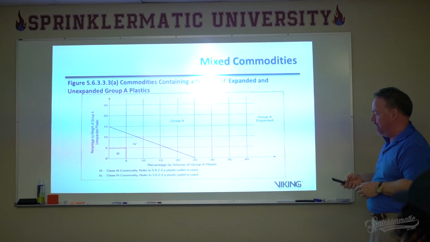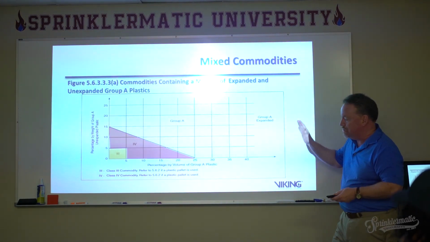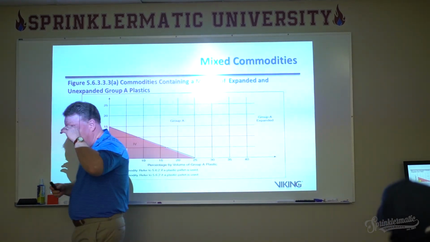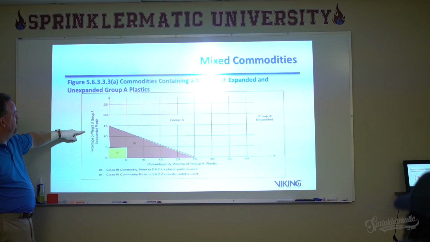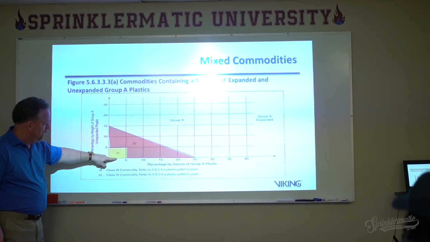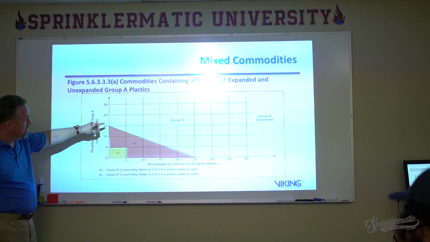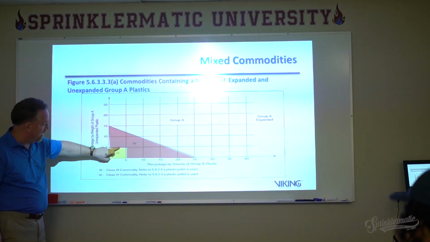In this particular case, what we have is a table or a figure in NFPA 13 that shows what we were talking about before, commodities containing a mixture of expanded and unexpanded group A plastics. So what we have here is a class 3 commodity, 5 and 5. 5% by weight, 5% by volume. Right here. Okay, it would be a class 3 commodity. This is group A plastics in a class 3 commodity, 5 and 5.